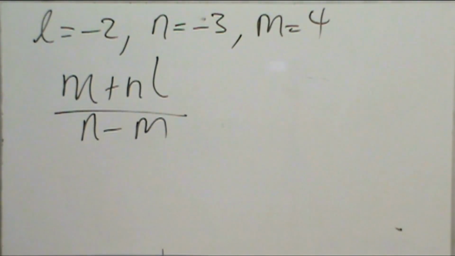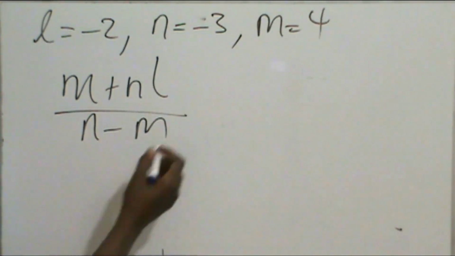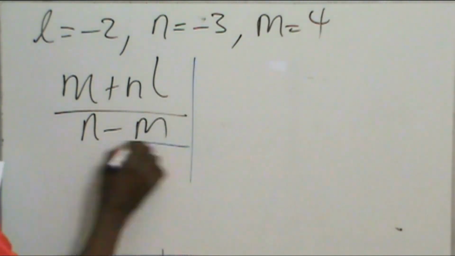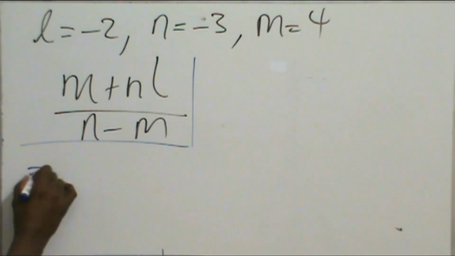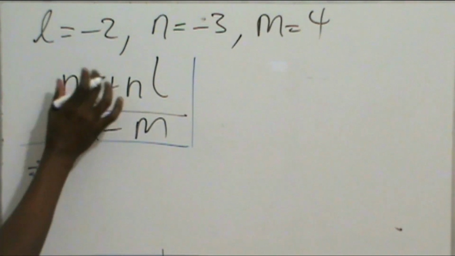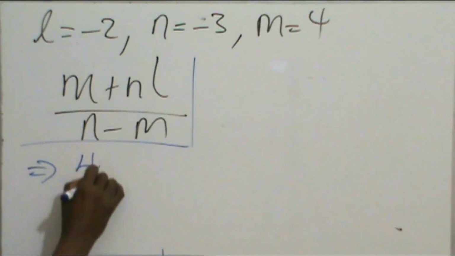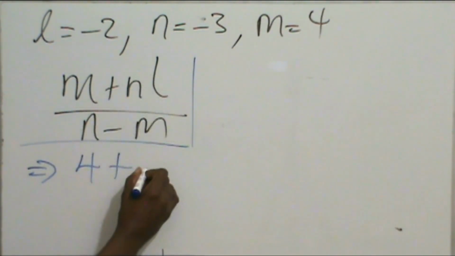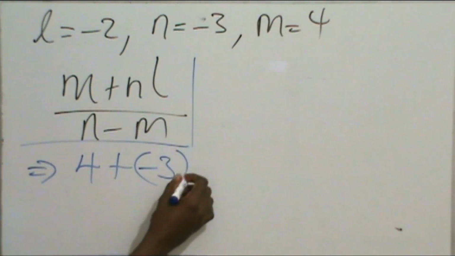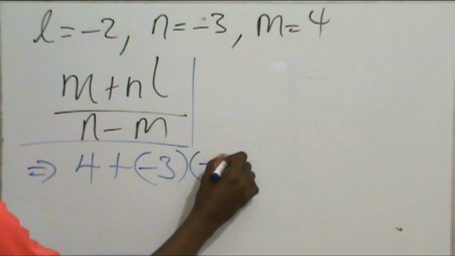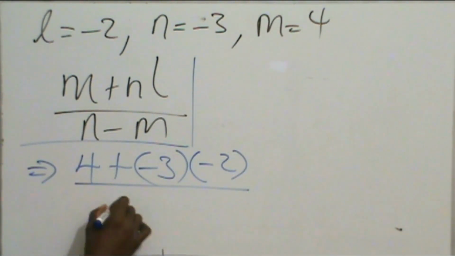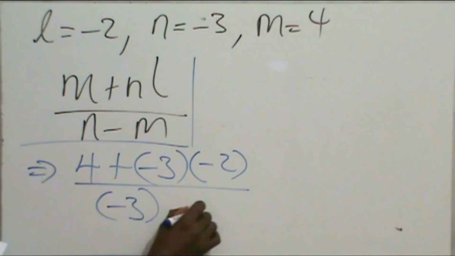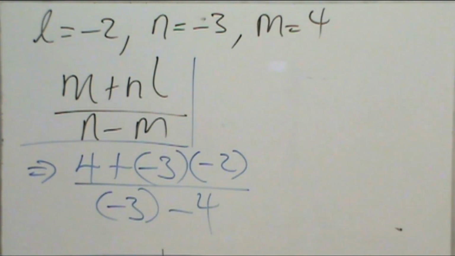So when we start to substitute now, we have, okay, that's the question there, right? This would be, let's see, M. M is 4 plus N multiplied by L, minus 3 by L is minus 2, all over N minus M, which would be minus 3 in brackets minus 4, right?